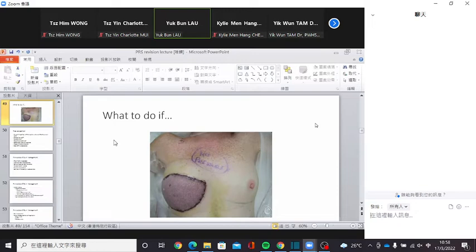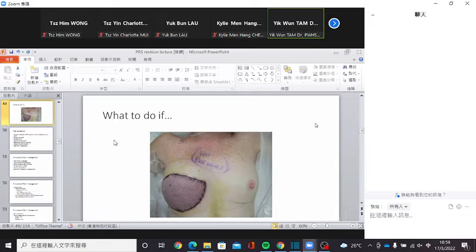So I think it's a devitalized flap failure. When we classify a flap failure, we want to know whether it is an arterial inflow problem or a venous outflow problem.